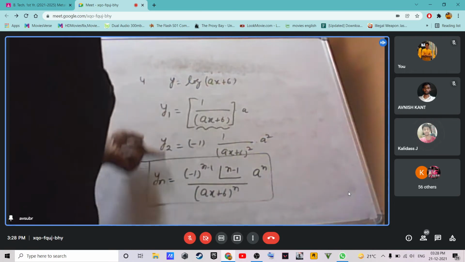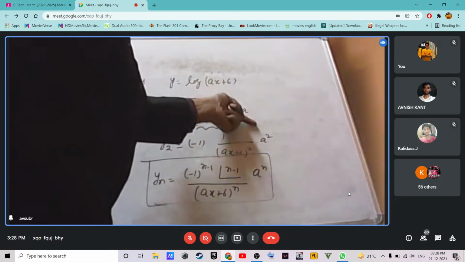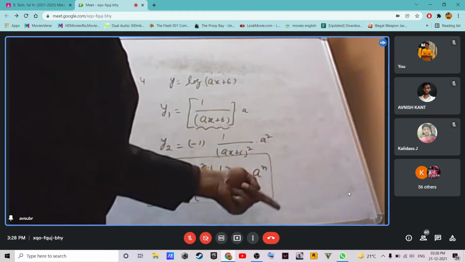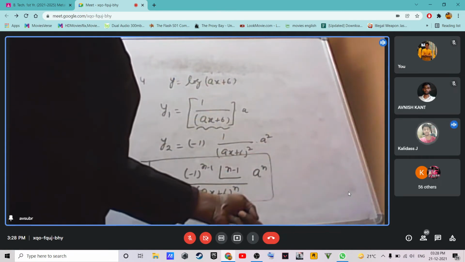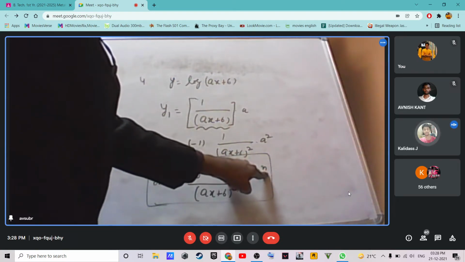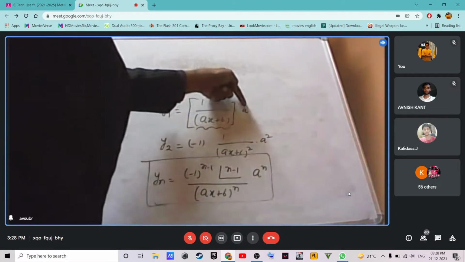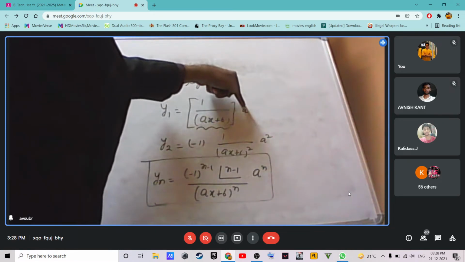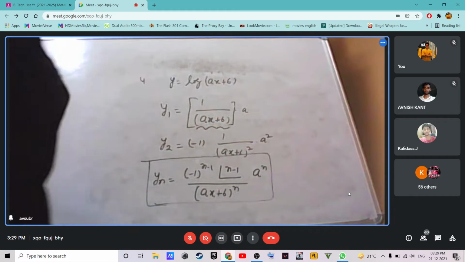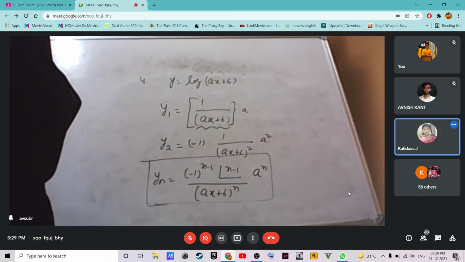So n times we are multiplying. A is appearing n number of times: a square, a cube, a to the power 4, right? I think you had confusion here. But you can see the first one also this is appearing. So subsequently it will appear.